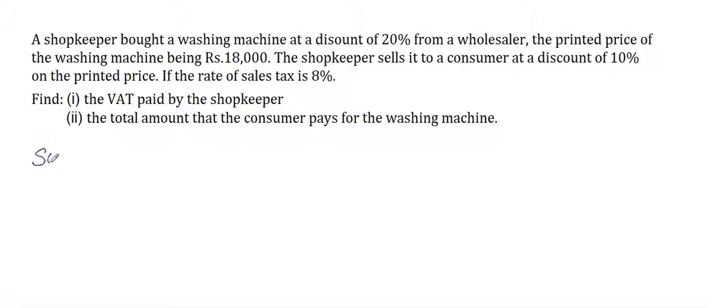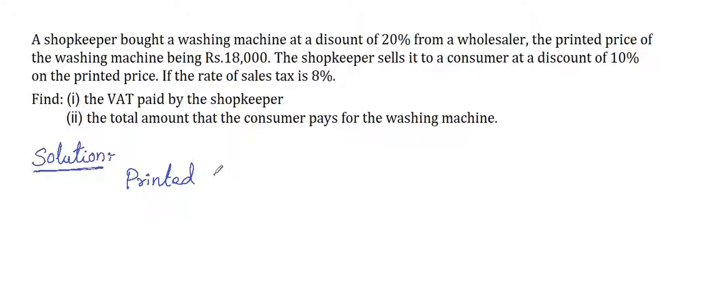Let's solve the question which I have written on the whiteboard. Given a shopkeeper bought a washing machine at the discount of 20% from the wholesaler. The printed price of that washing machine is 18,000 rupees.